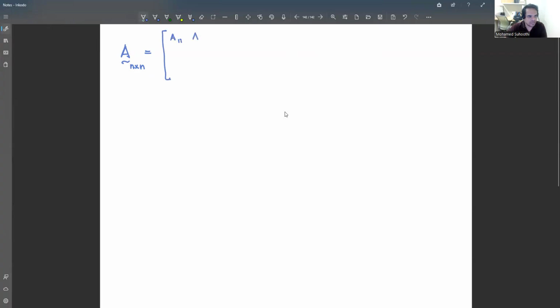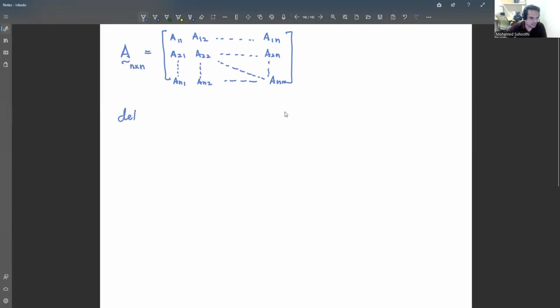A11, A12, and so on up to A1n. Then A21, A22, like this up to A2n. Similarly AN1, AN2, up to ANN. So this is your matrix.